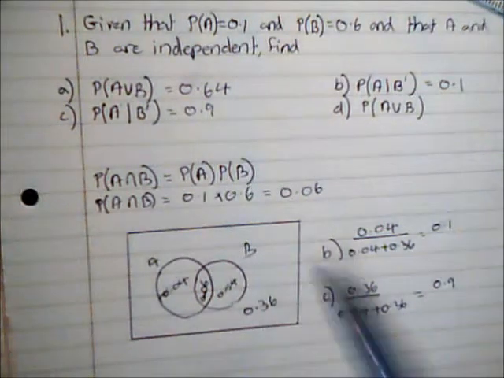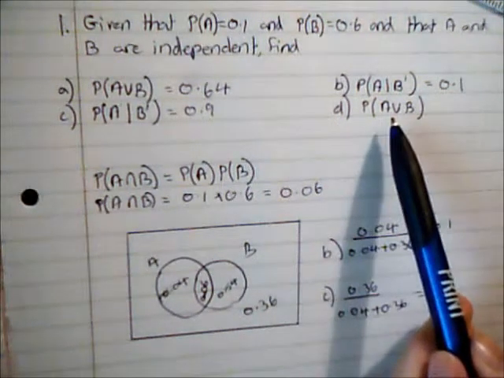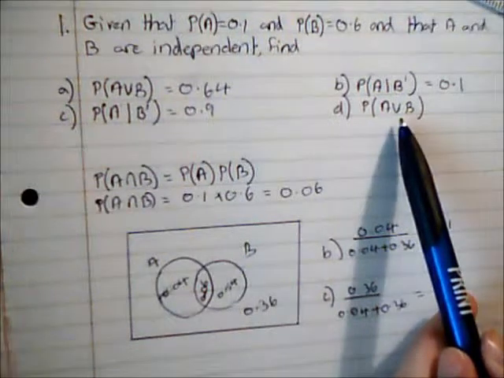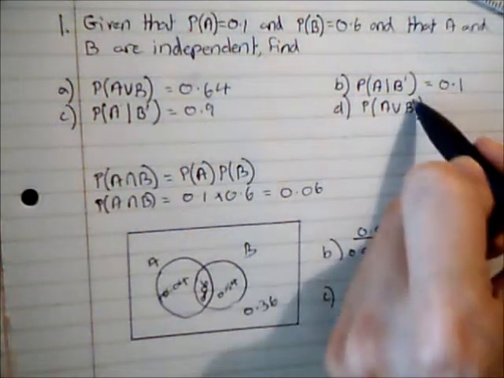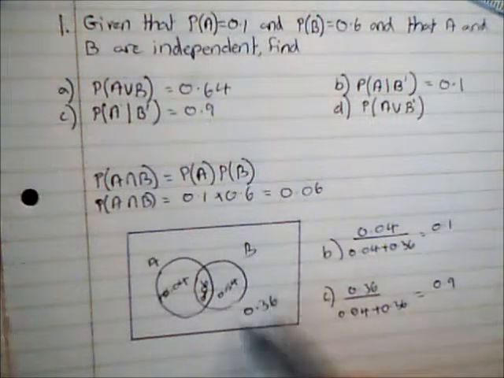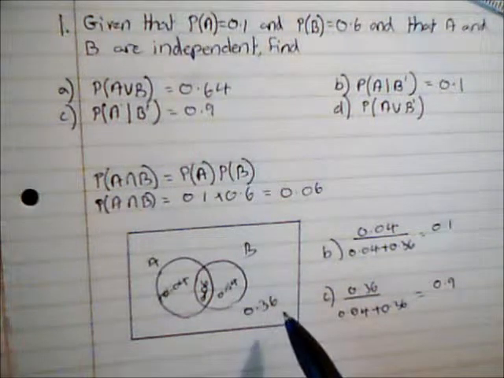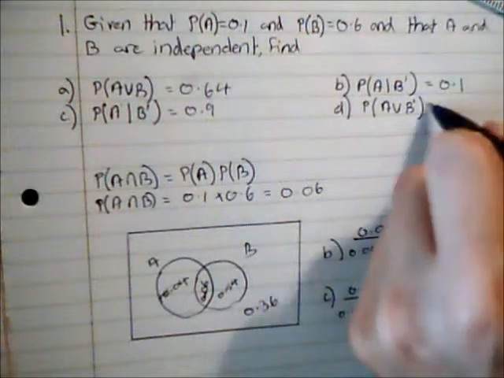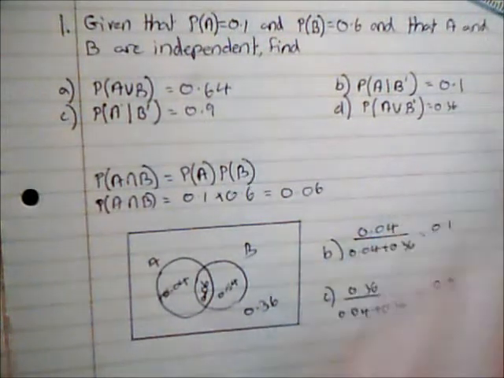And then the final bit, the probability that it's in A or the probability that it's not in B. Because we've got this union, that's going to be checked one by one. So can we include this? Yep, because that's not in B. Can we include this?